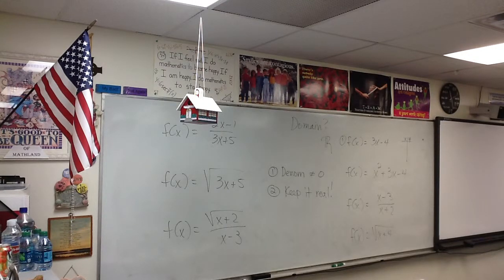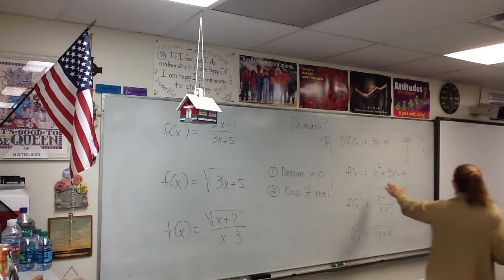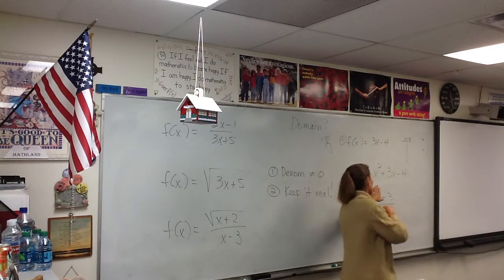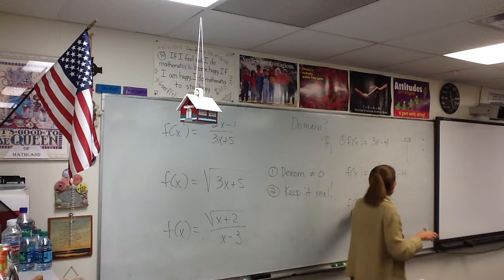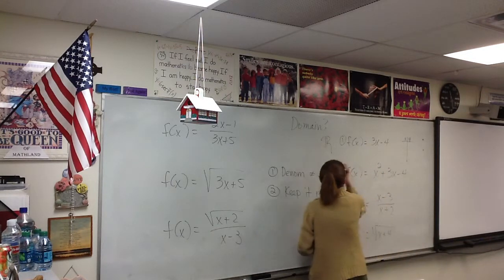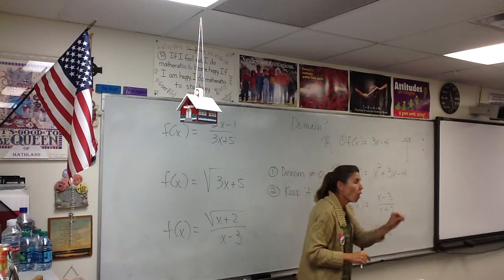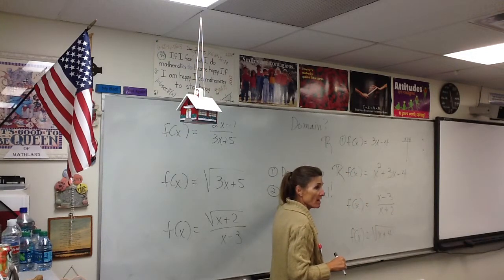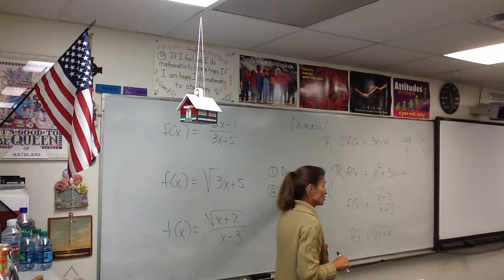Would everybody buy that? So when I look at this problem, there's no denominator to be 0, there's no radical to be negative, so guess what the domain is for that problem? All real numbers. Remember, it's always all real numbers unless you've got one of these things going on. This is what changes the domain.